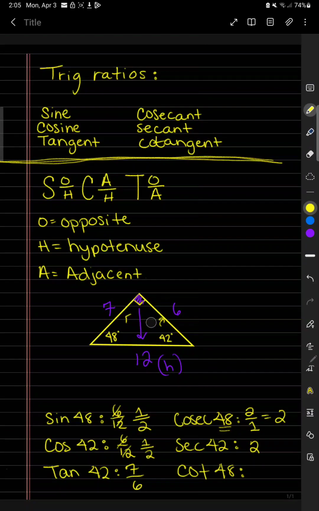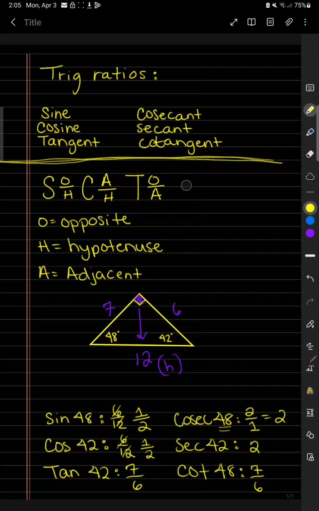And again, I am not going to flip it on this one because they're asking for two different numbers. So for 48, cotangent is still the opposite of this ratio, but we're doing A over O. So adjacent over opposite of 48. So adjacent is 7 over opposite is 6. So 7 over 6. So it ends up being the same because of the different positions of the angles.